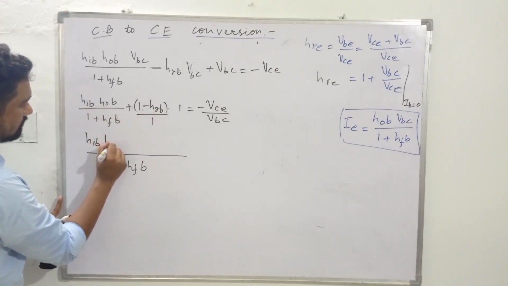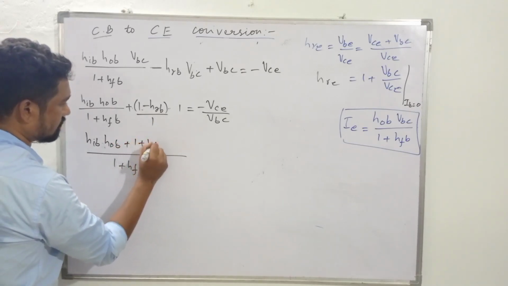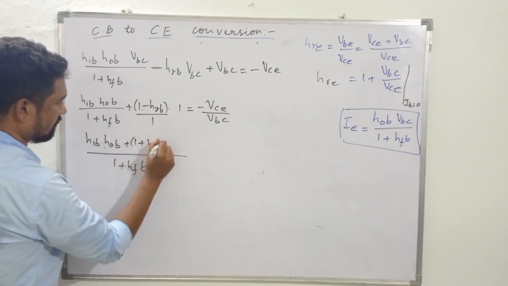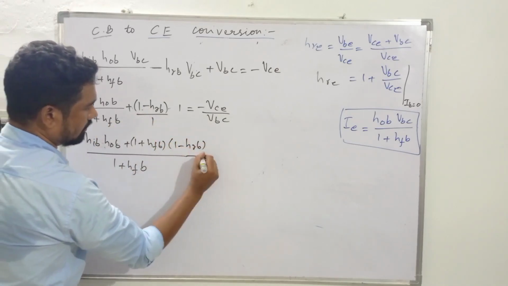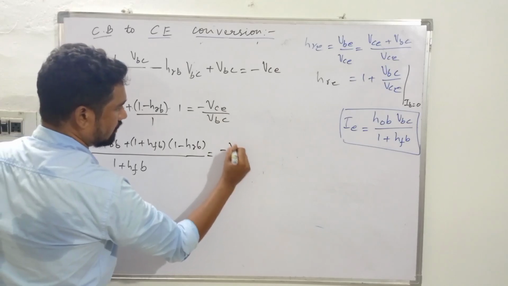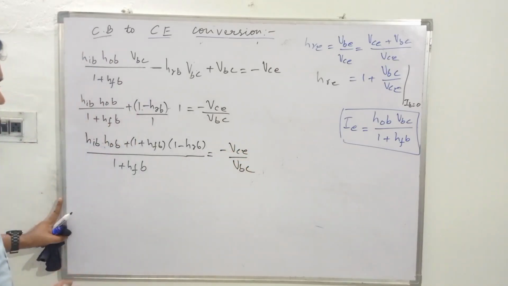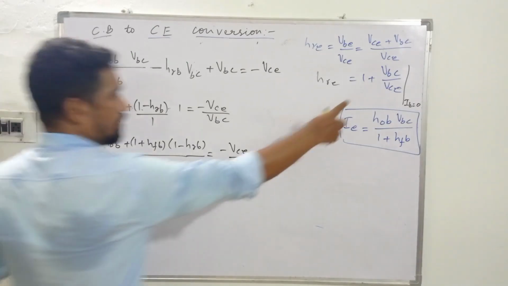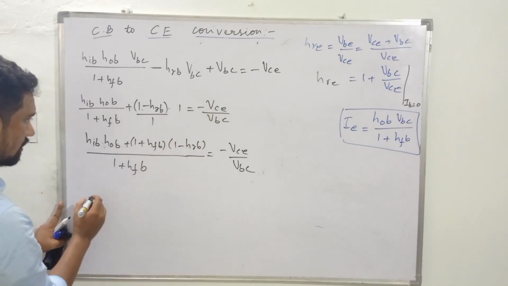HIB HOB plus 1 plus HFB into this 1 minus HRB, which is equal to negative of VCE by VBC. All right, so this one, what do we need? We need this ratio, and the reciprocal of this one will give us that ratio.